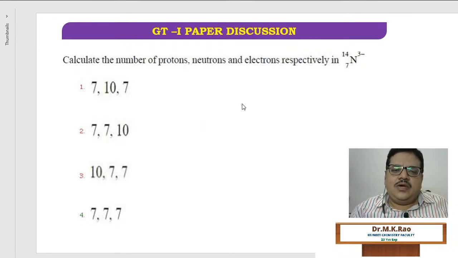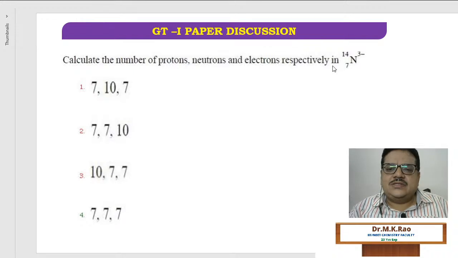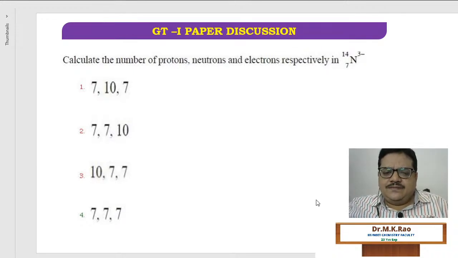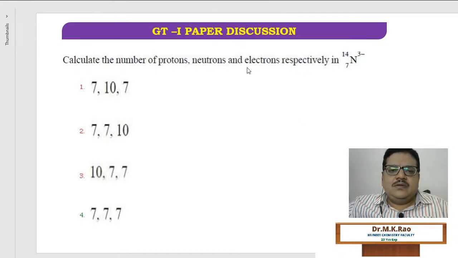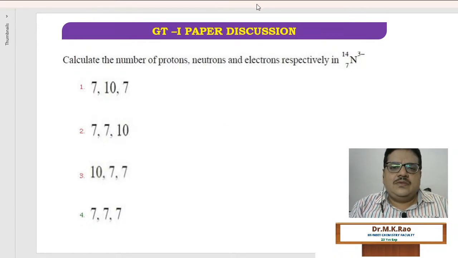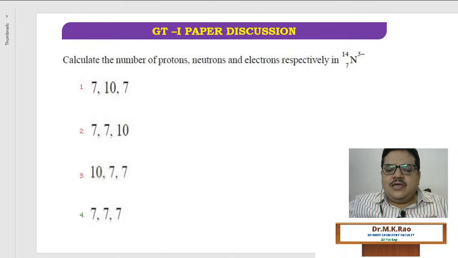Look here. Nitride means N minus 3. Now, I am talking about the nitride ion.